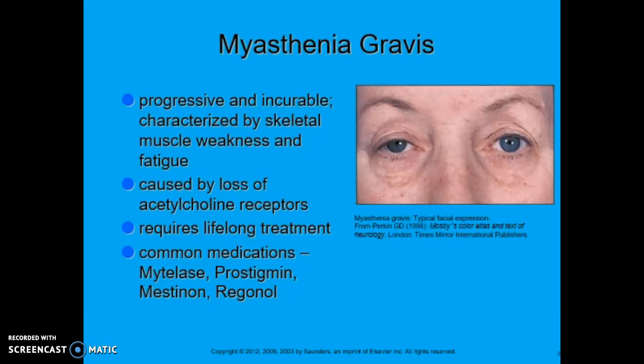We sometimes give them a little journal to take home, but we definitely give them the information on how to continually take in and record this so that they can adjust, because patients that are taking the cholinesterase inhibitors must adjust their dosage as needed.